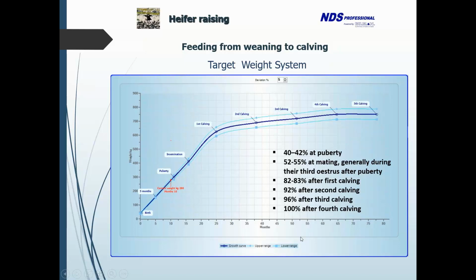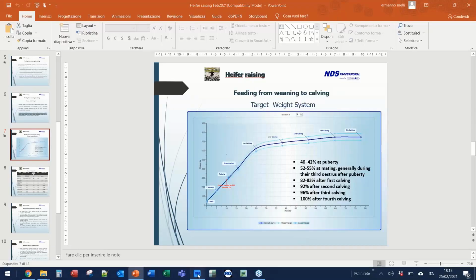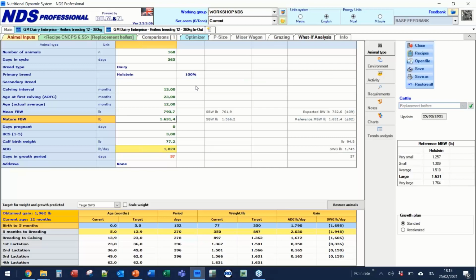If we properly set these measurements, the target growth system is shown right here, and through this approach, we can have an idea about how much our heifer should weigh at this age.